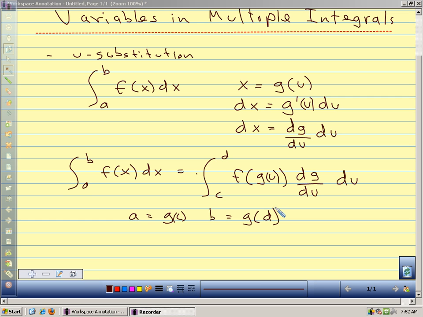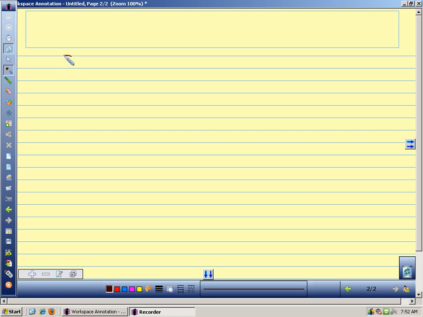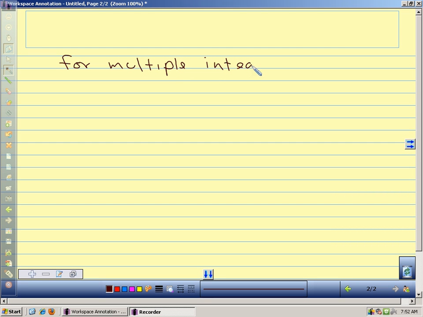We can do a similar thing in double or triple integrals. This factor with the derivative takes on a little more complicated form, as we might expect. So if we change variables in a double integral, or for multiple integrals, if we have the integral over some region of f of x y dA, we'll look at double integrals for now.